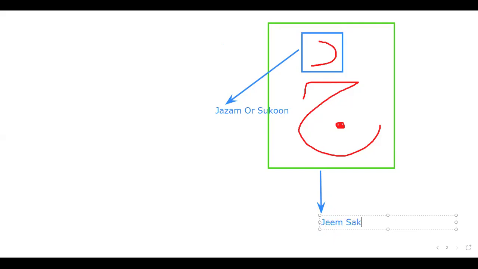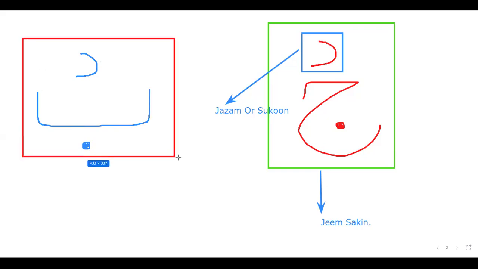If Jazam comes on the top of Ba, then it's Ba Sakin. Suppose this is a Ba that has a Jazam. What is it called? It's called Ba Sakin.